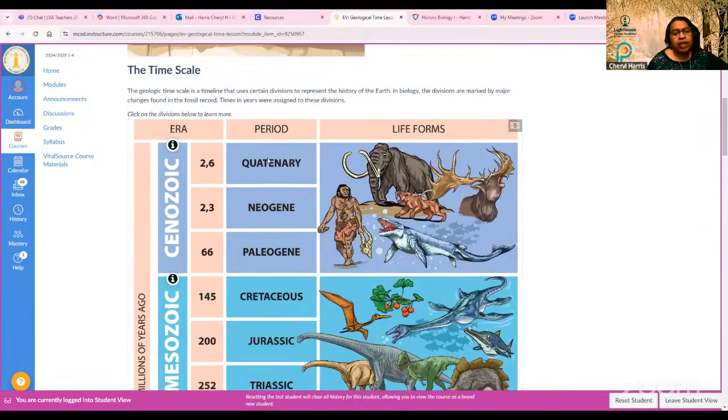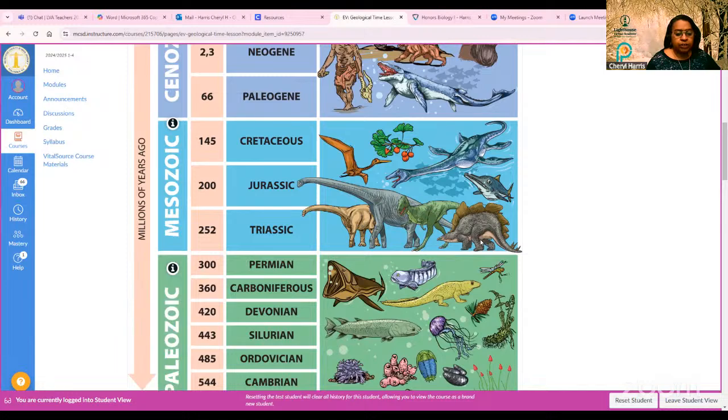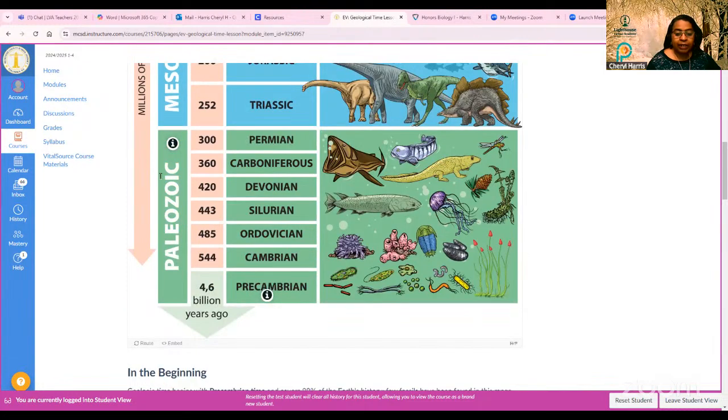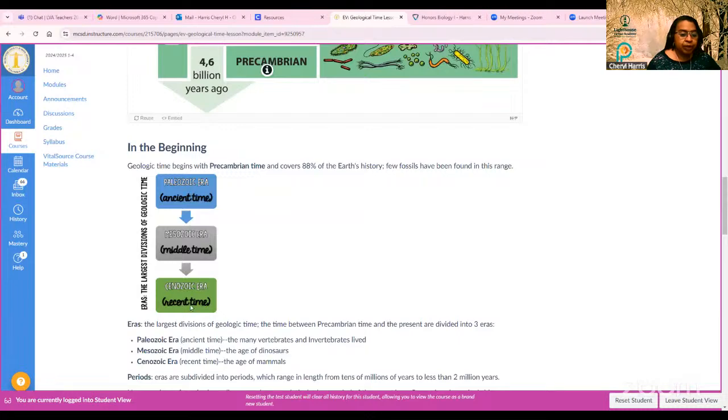Know the terms era and period, and know what life forms are representative during those times. Like I said, we're going to briefly go through each of those. And then they break down the eras over here some more as well.